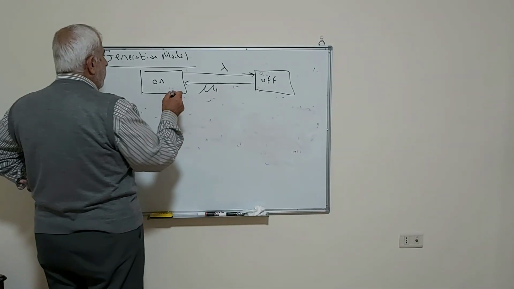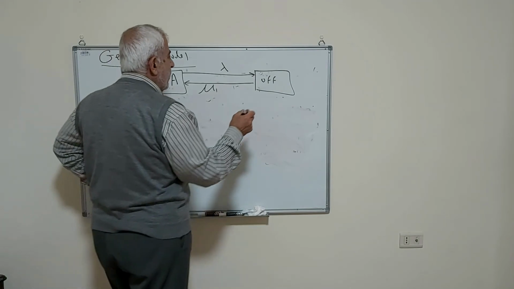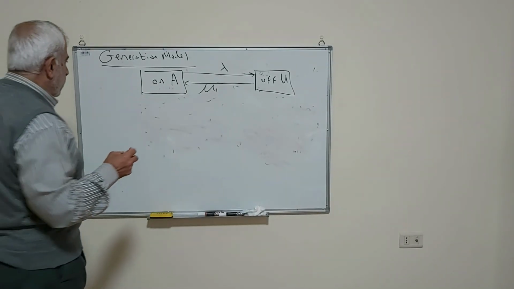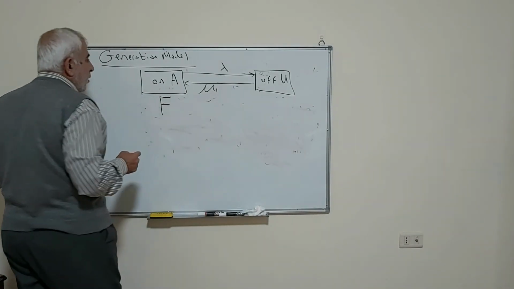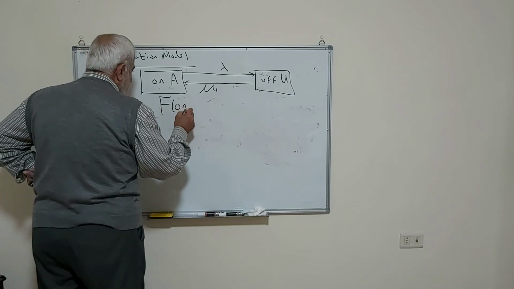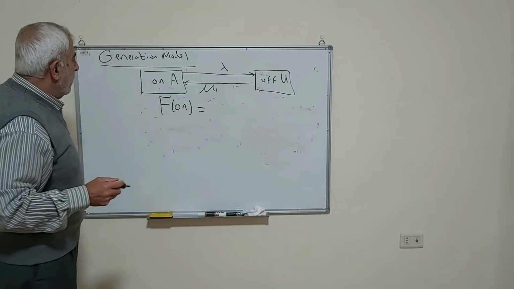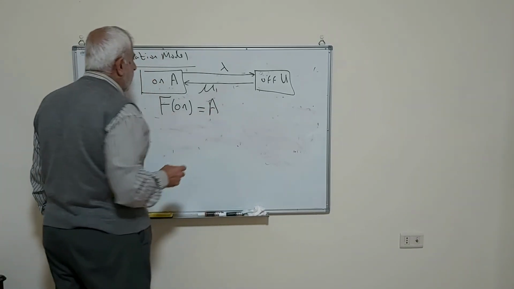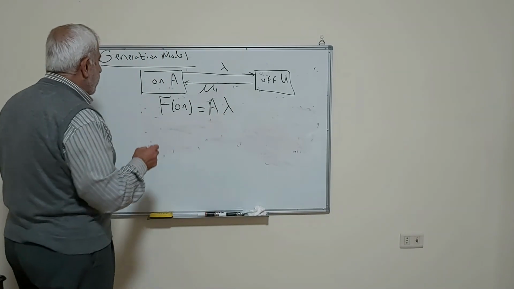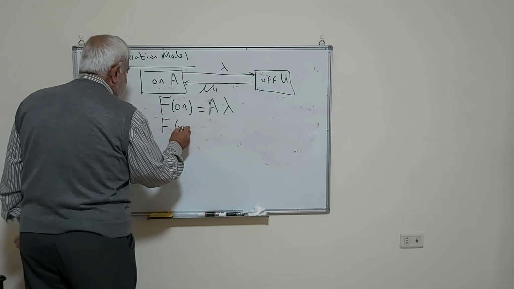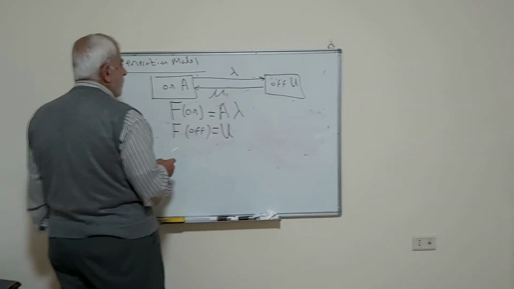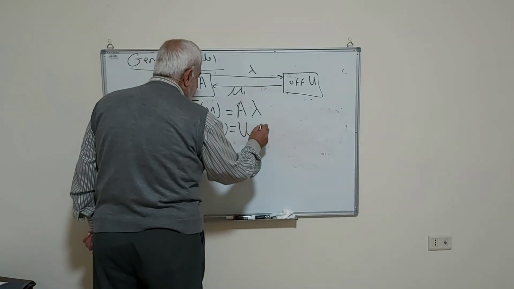Here we have the availability A, here we have the unavailability U. As we said, the frequency of occurrence of A, frequency of on, is the probability of being on times the rate of departure from on, which is lambda, and the frequency of off state is the probability of the off, which is U, times the departure rate, which is mu.